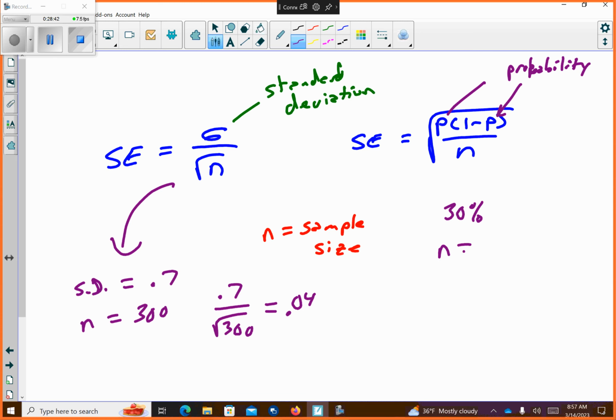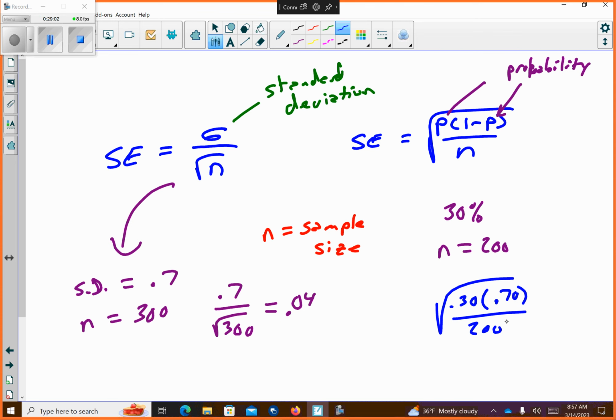But then this would be if we were to say we have 30% that do something and we have a sample size of 200 people. If we plug this in on this side, this would be 0.30, 1 minus 0.30 is 0.70, over 200, and that's all under the square root.